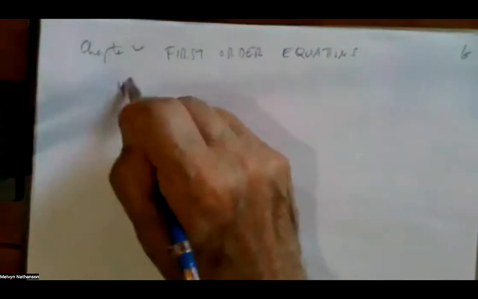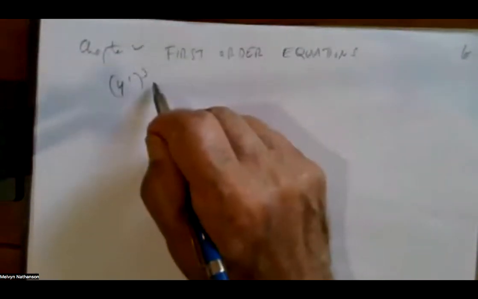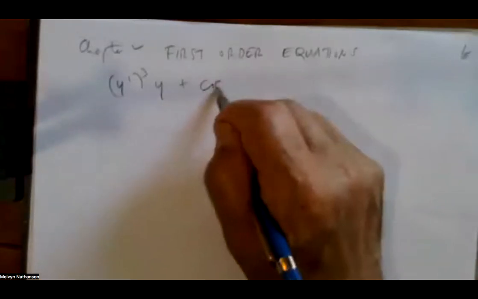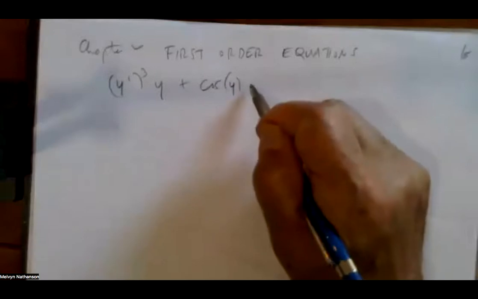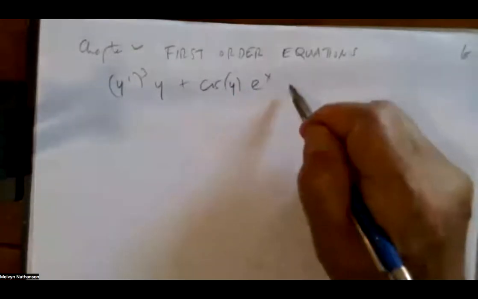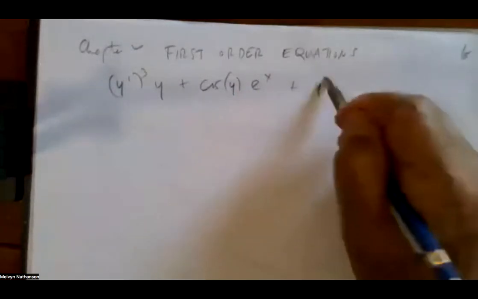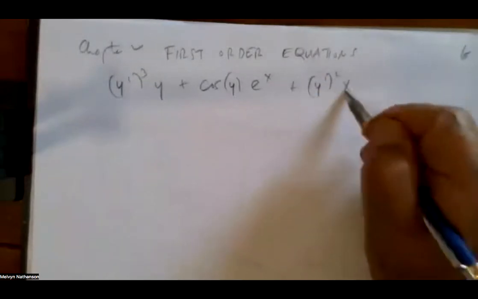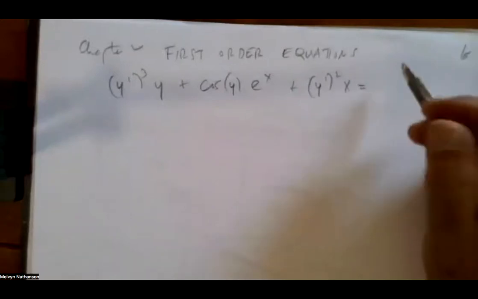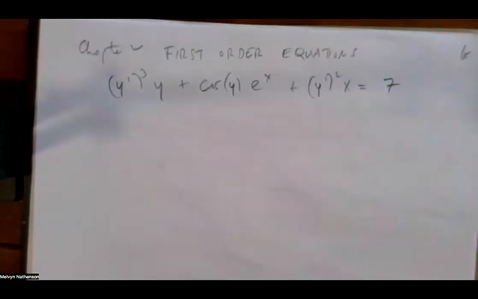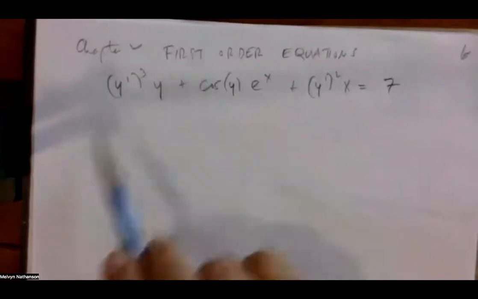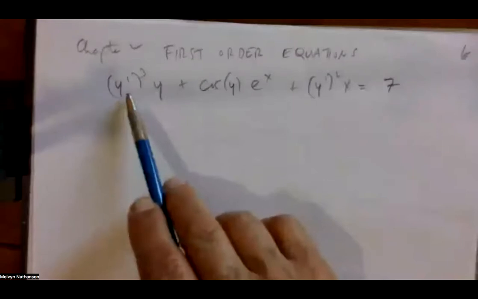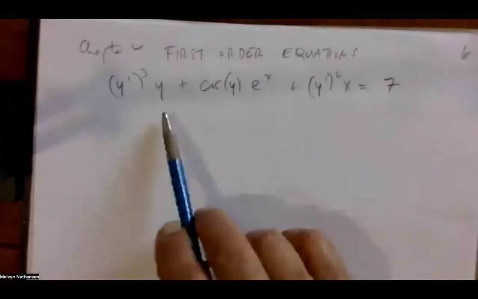You could have something like y prime cubed times y plus the cosine of y times e to the x plus y prime squared x equals 7. So this is a first order equation. There are high powers that you see in the equation, but the only derivative that occurs is a first derivative.